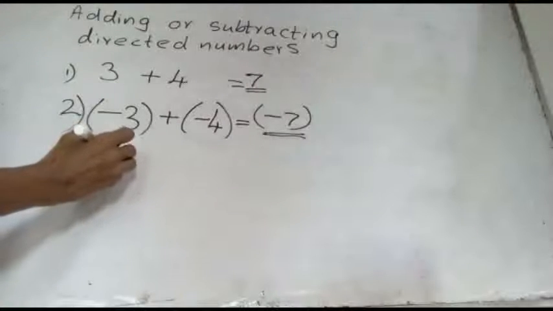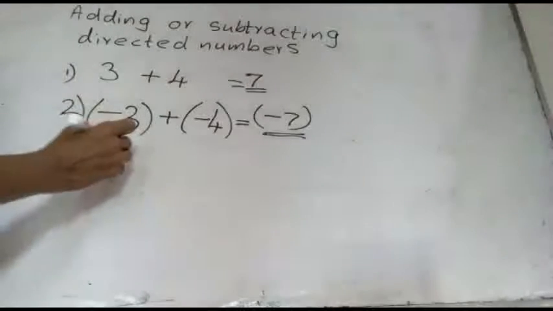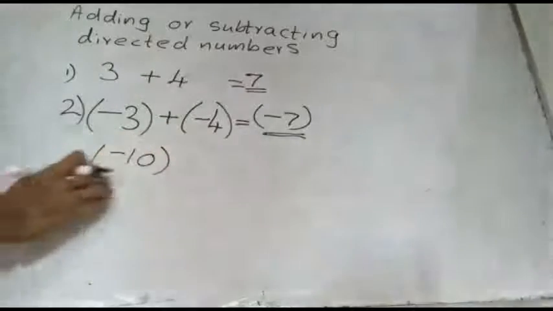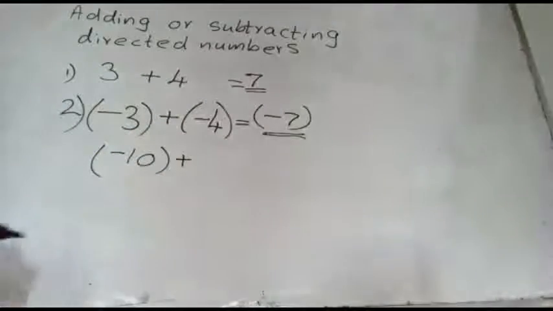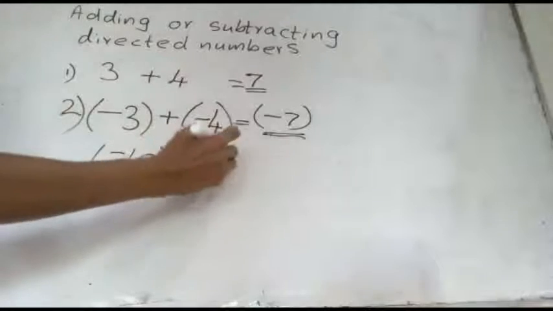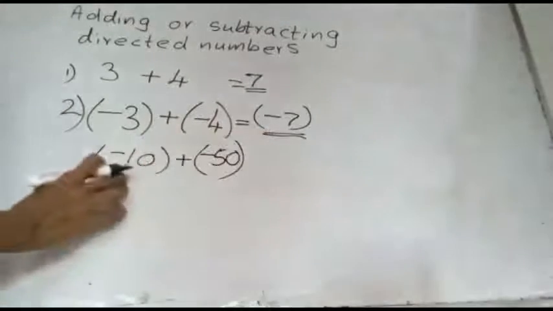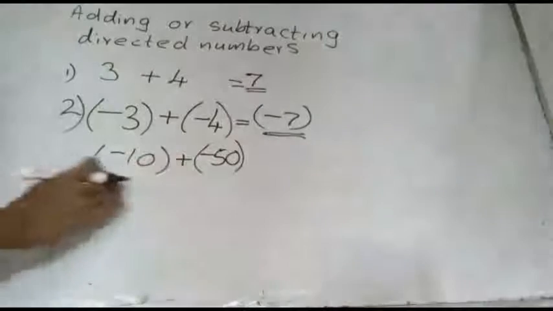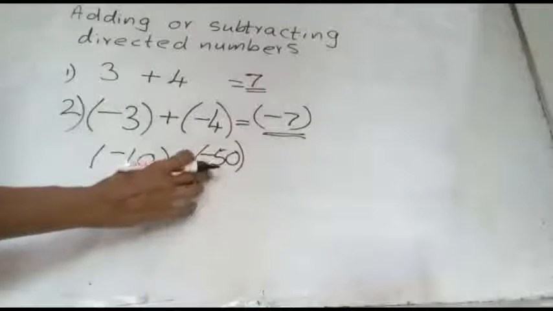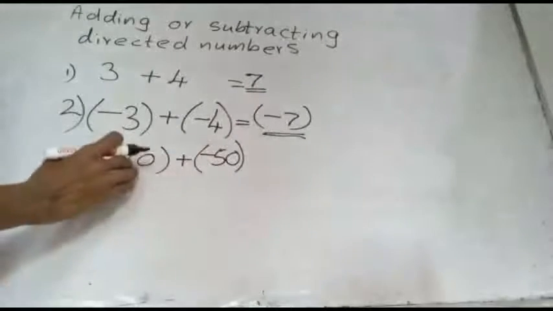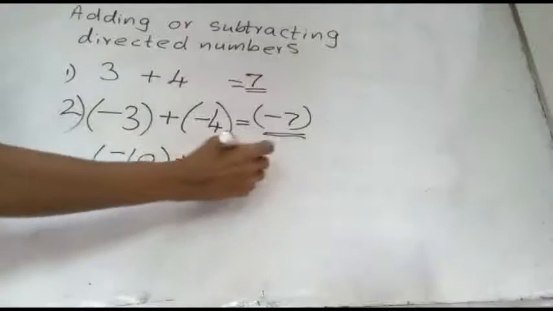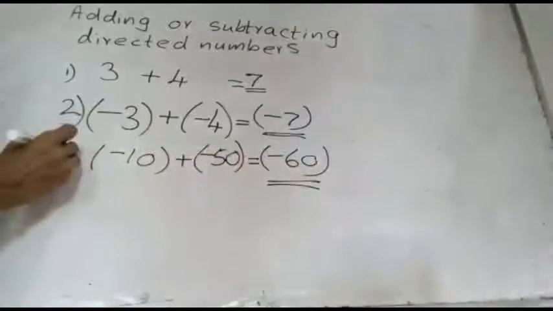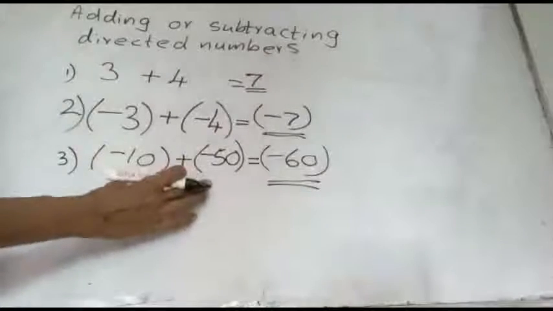You bought a pen for 10 rupees and a book for 50 rupees. Now you give money to the vendor. Then add these two numbers. Negative 10 plus negative 50 is equal to negative 60. Then signs are the same.